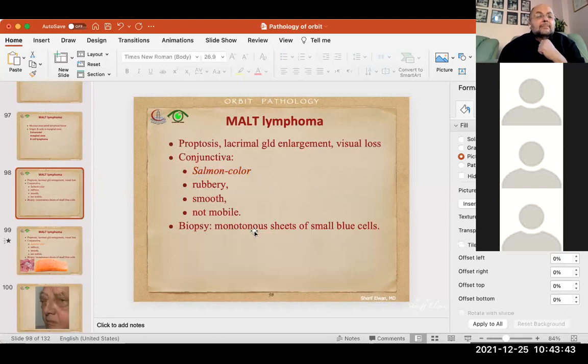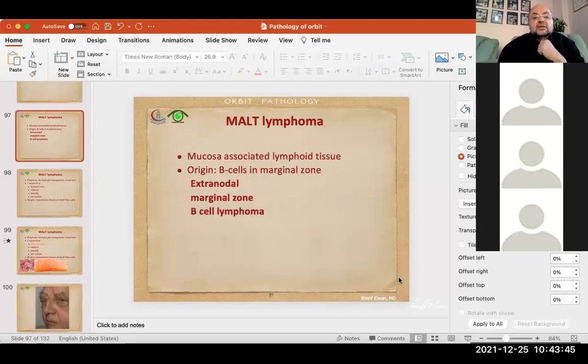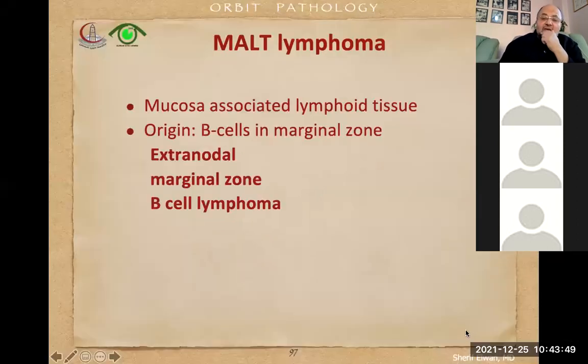Here we are. Sheets, monotonous, of lymphocytes. Mucosa-associated lymphoid tissue, origin from the B cells in the marginal zone. The lymph nodes in the body are described histologically speaking as having a central zone and a marginal zone.